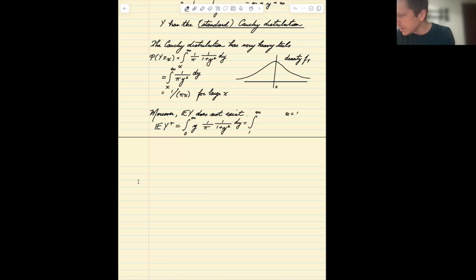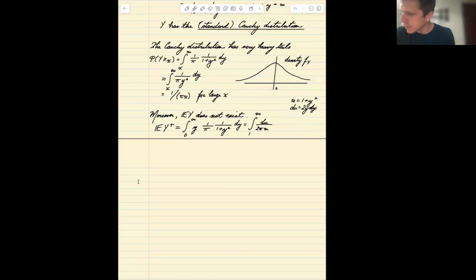The u substitution is u equals 1 plus y squared, du is 2y dy. The limits of integration now go from 1 to infinity. It's du over 2 pi u, and we know from calculus the integral of 1 over u is infinity. Similarly, the same calculation would say that the expectation of y minus, the negative part, is equal to infinity. So both positive and negative parts are equal to infinity, and infinity minus infinity is not defined, so we do not have an expectation.